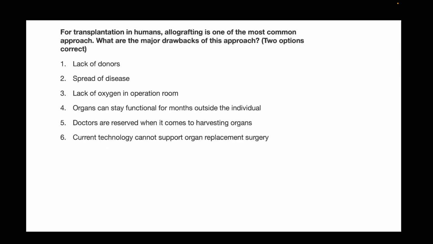Okay, moving on to the next question. For transplantation in humans, allografting is one of the most common approaches. What are the major drawbacks of this approach?